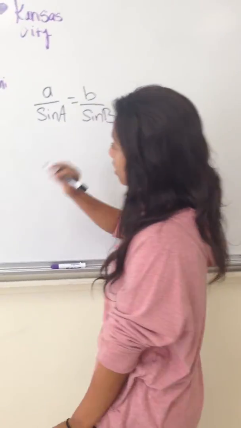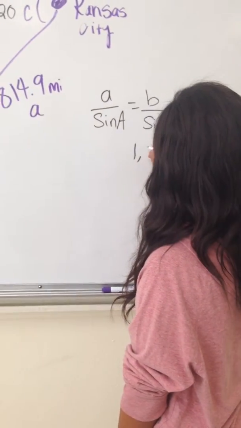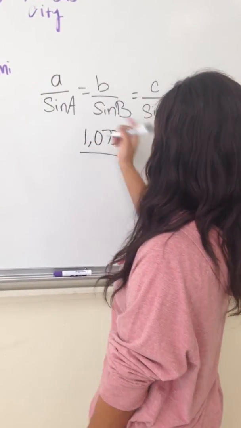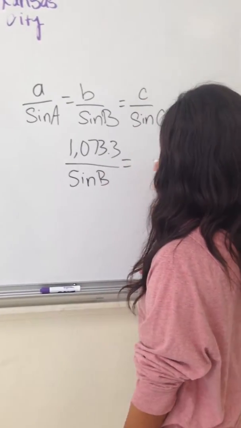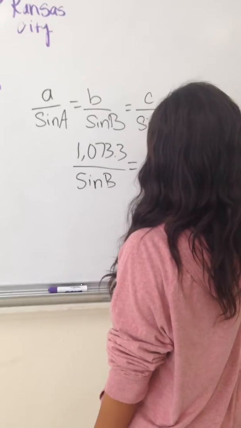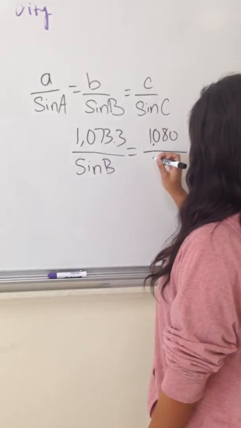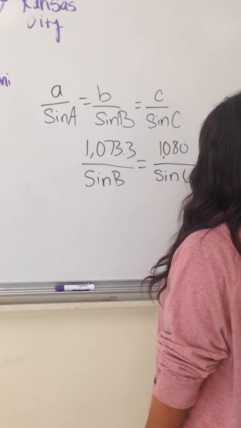So we know the side B, which is 1,073.3. But we're trying to find sine B. And it equals, we know what C is, it's 1,080 over sine of 68.20.